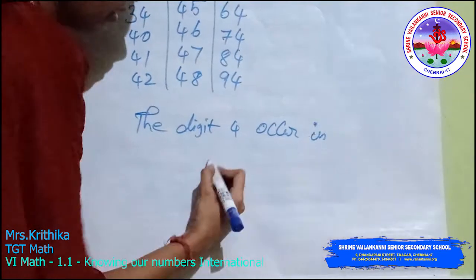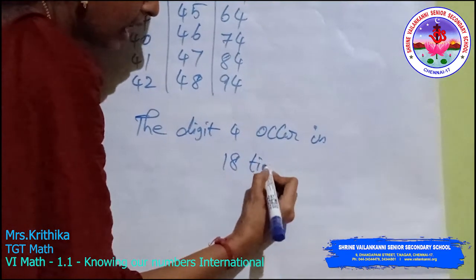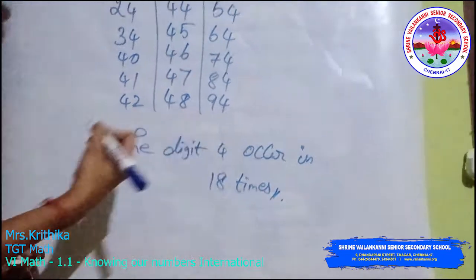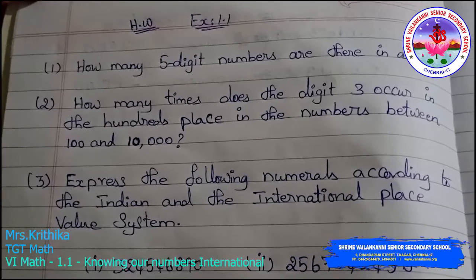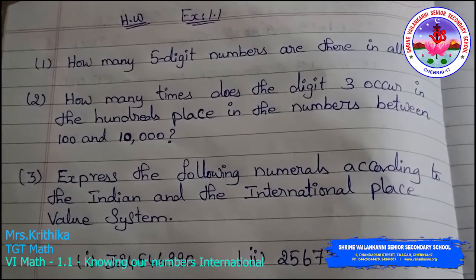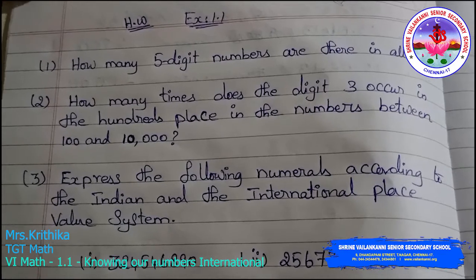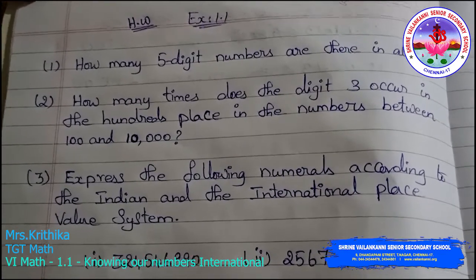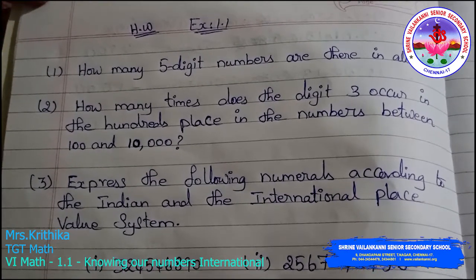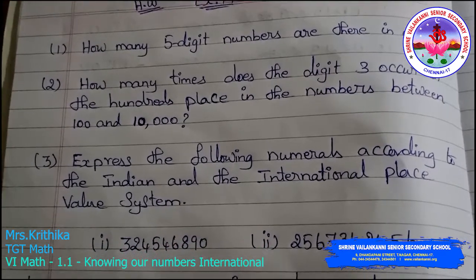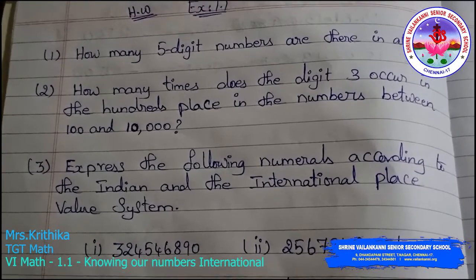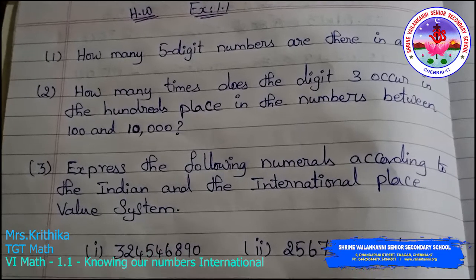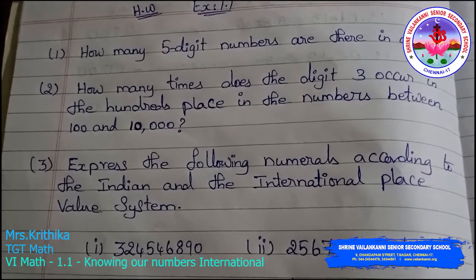Exercise 1.1 homework sums. The first question is, how many 5-digit numbers are there in all? Second question, how many times does the digit 3 occur in the hundreds place in the numbers between 100 and 10,000?